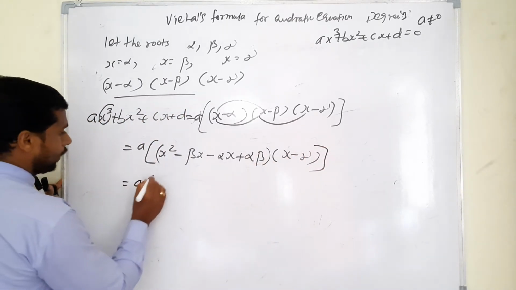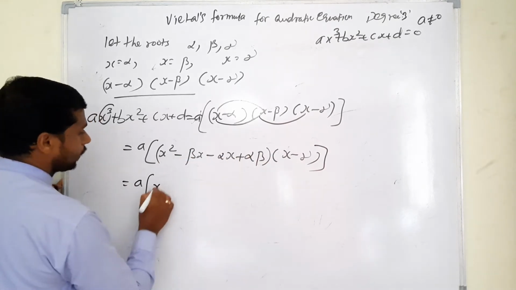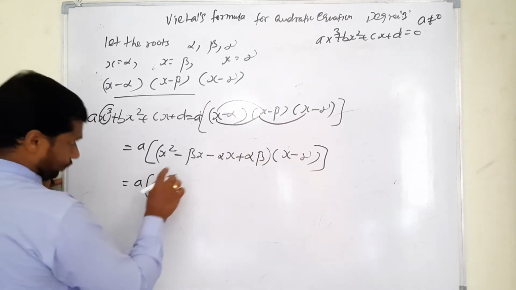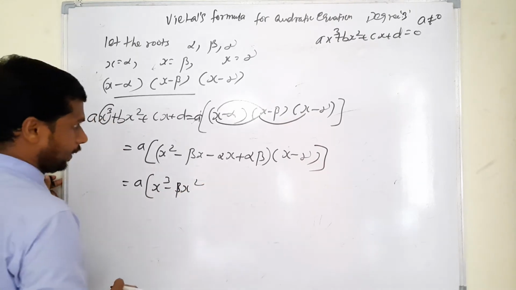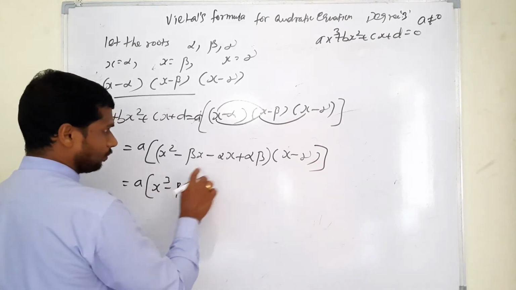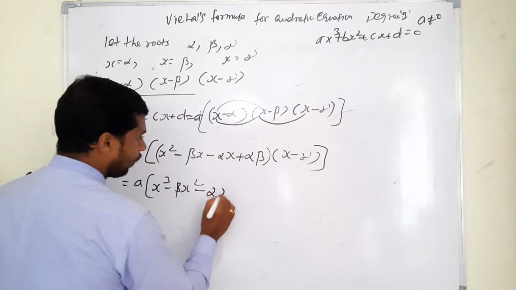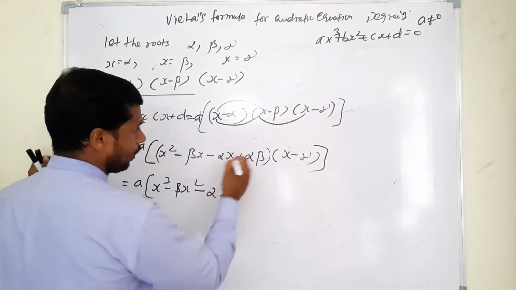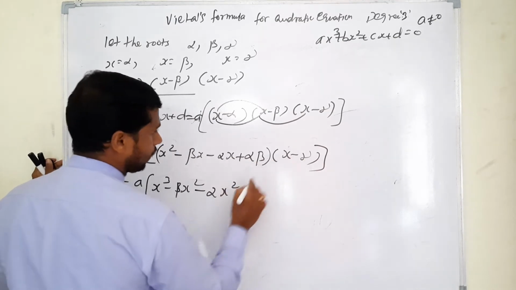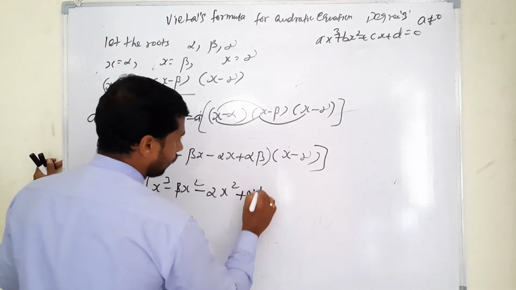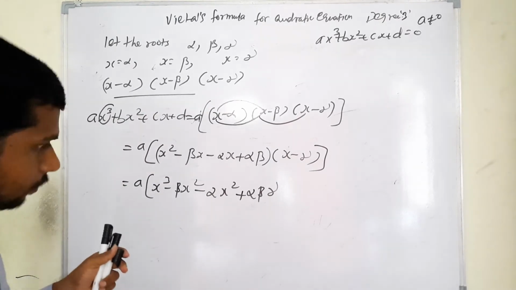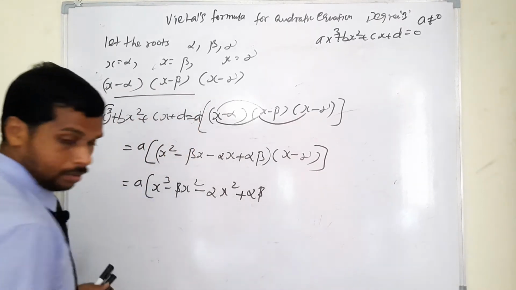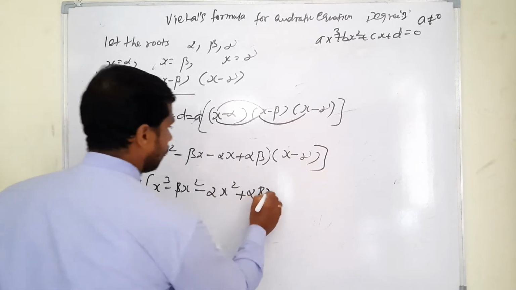So into x means x square into x means x cube, then already x is there, so minus beta x square, next minus alpha x square, the last one plus alpha beta x, isn't it? Not gamma, alpha beta x.